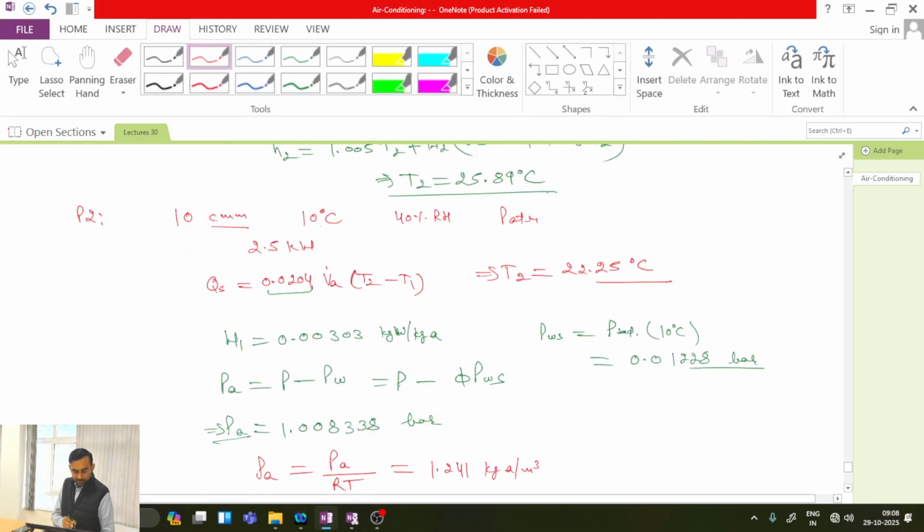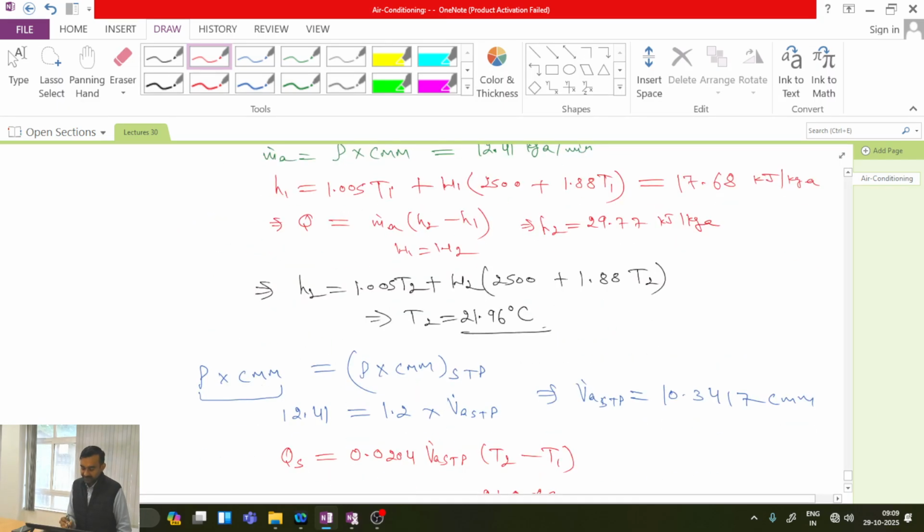Now you see the differences. Without looking into the given condition, whether these are STP or not, you simply applied the formula. What was the value? 22.25. When you did a perfectly exact analysis, your value was 21.96. When you made the correction in the actual formula, because the actual formula is given for STP conditions, you tried to estimate the given CMM value for the standard temperature and pressure conditions.